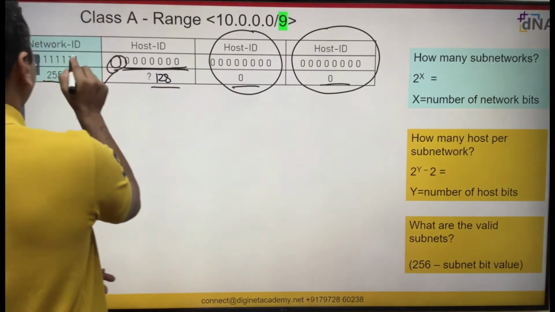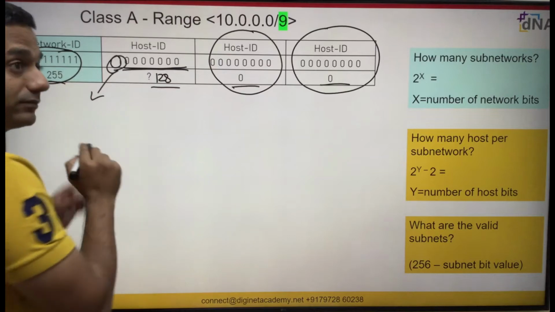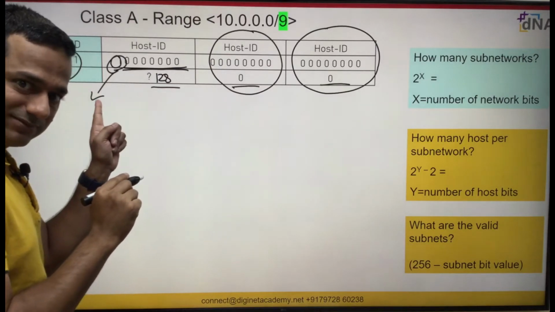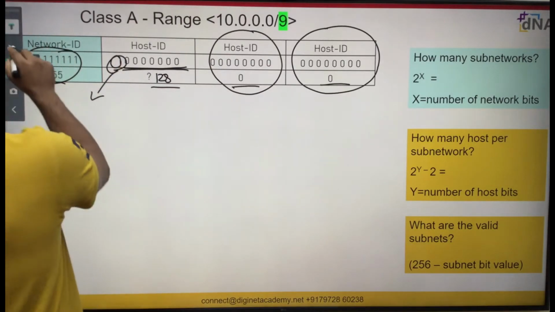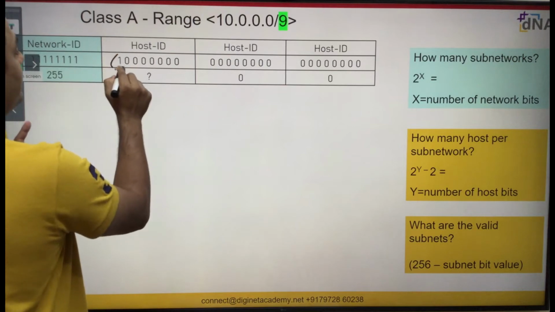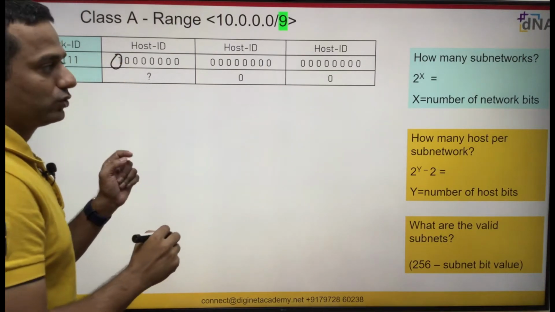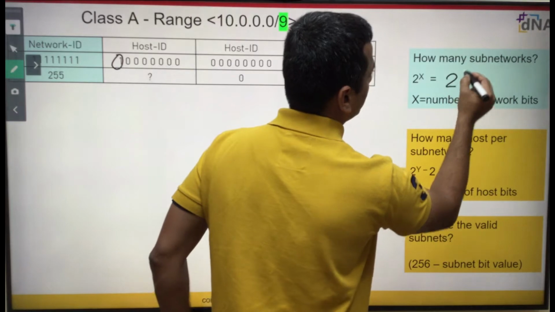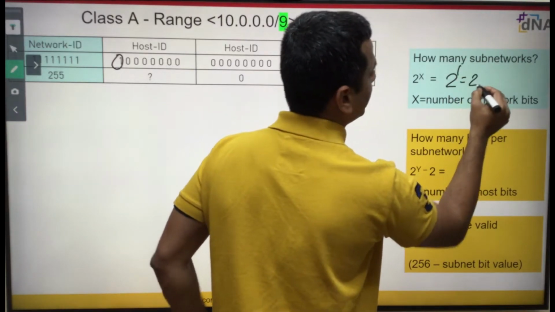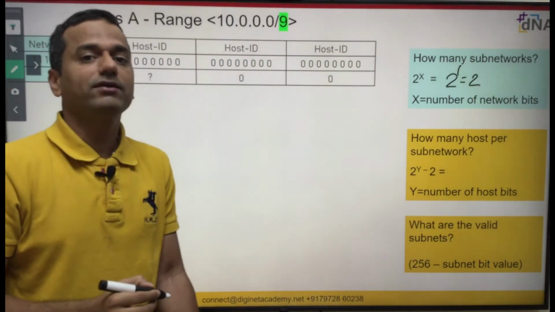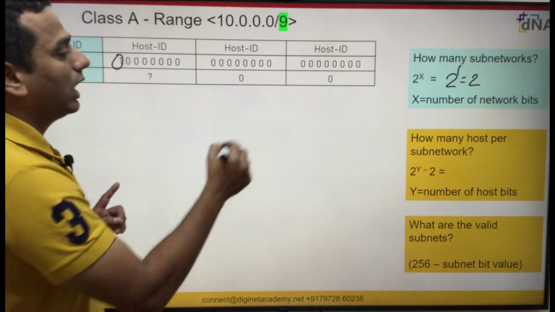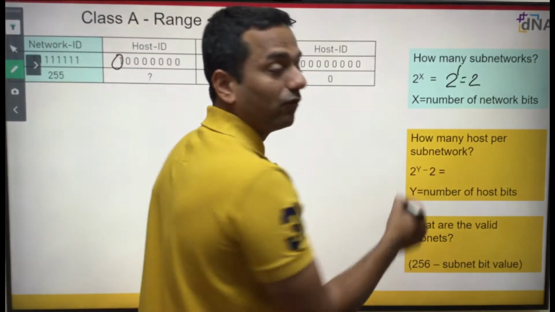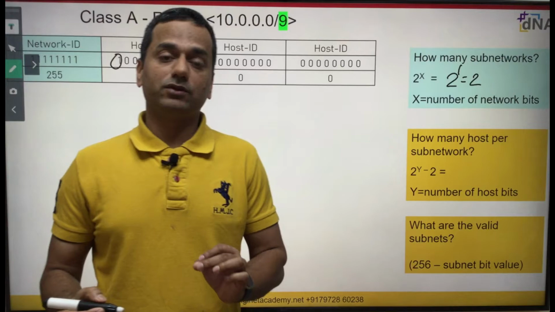These 8 bits are my major network bits, and this one bit is my subnetwork bit. So 2 raised to power 1 means 2 subnetworks I will get, because I have only one subnetwork bit. How many hosts per subnetwork? 2 raised to power y, where y means the number of host bits.